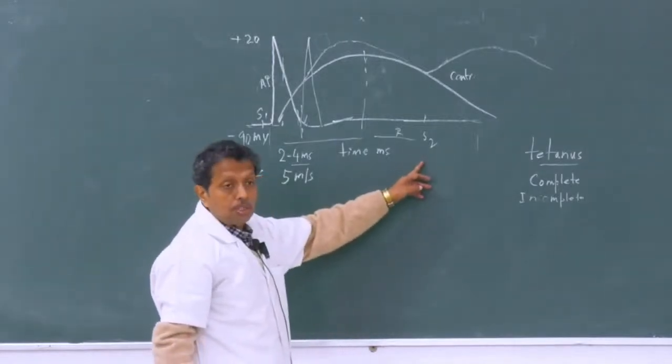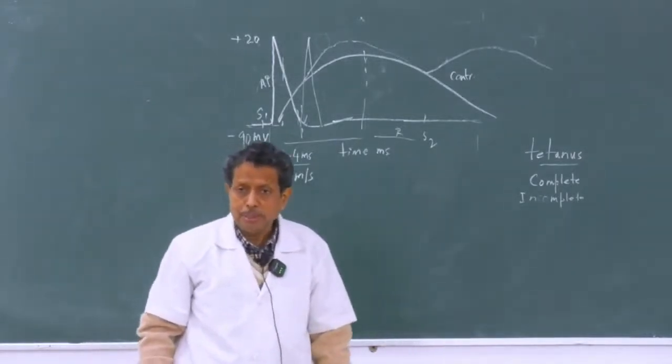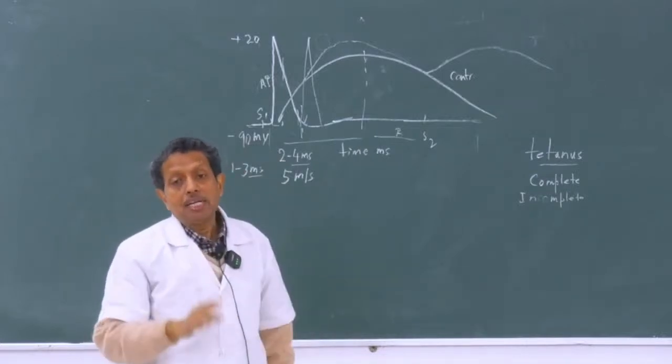So repeated stimulation is coming in the relaxation phase repeatedly, then you can get partial relaxations.